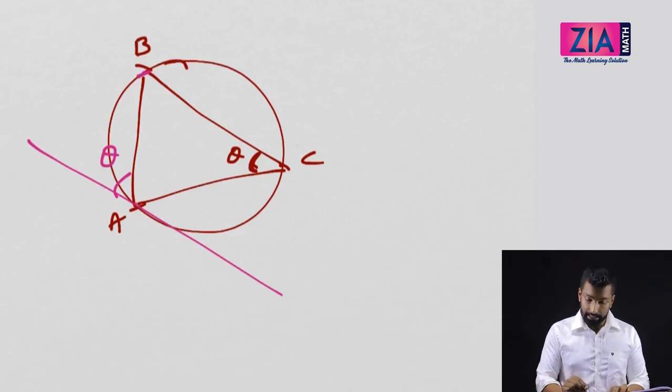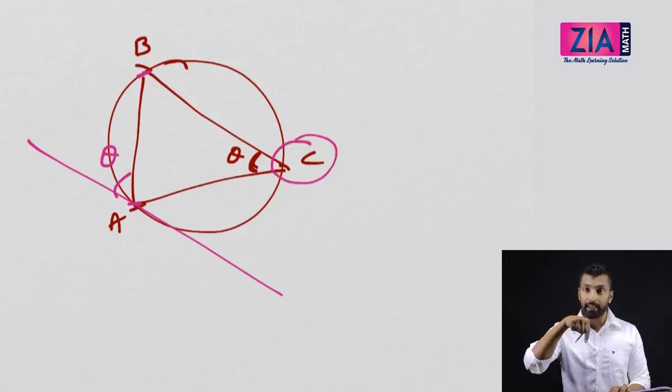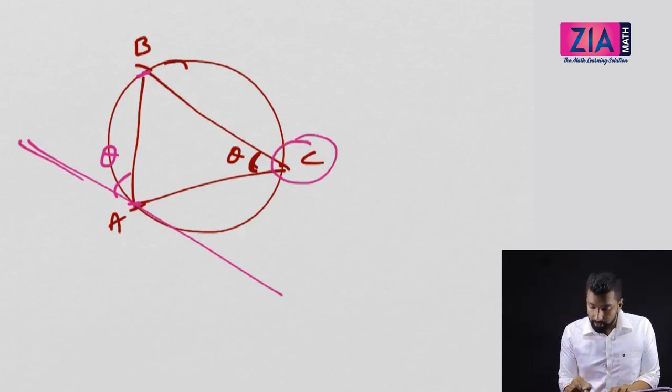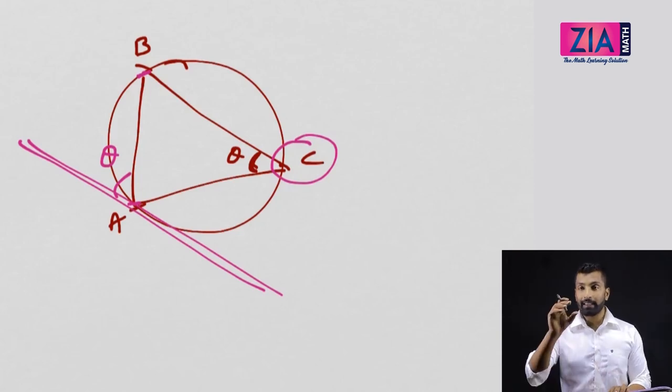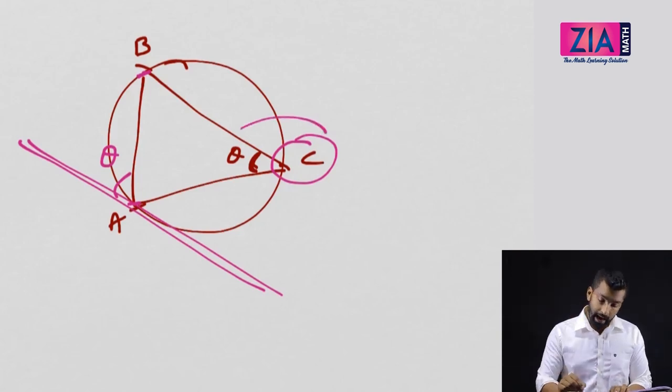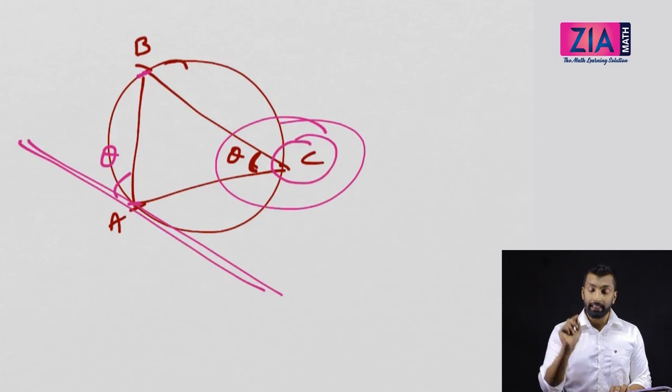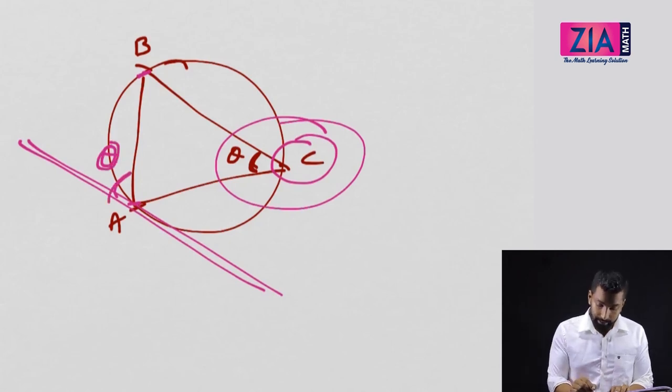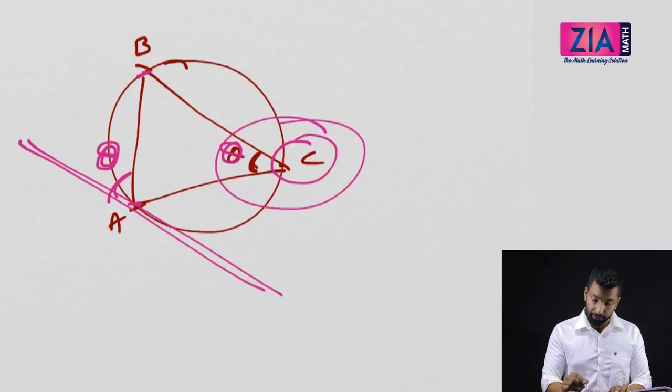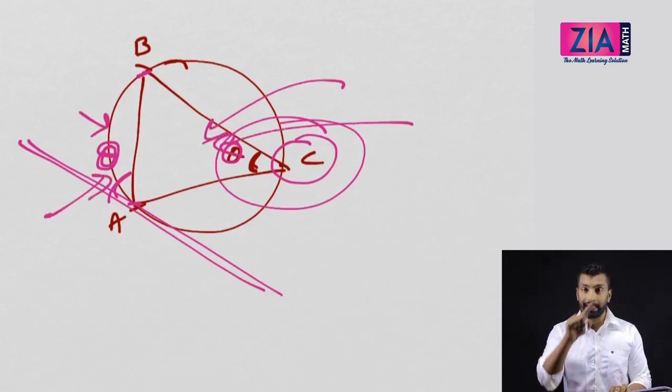So AB is the arc and C is the angle inscribed in the arc, and if you join this tangent, basically the theorem is angle inscribed in the arc is equal to the angle between the tangent at that point. So this angle is theta, so this will be theta. So if this is given, you can find this. If this is given, you can get this. So that is a relation.